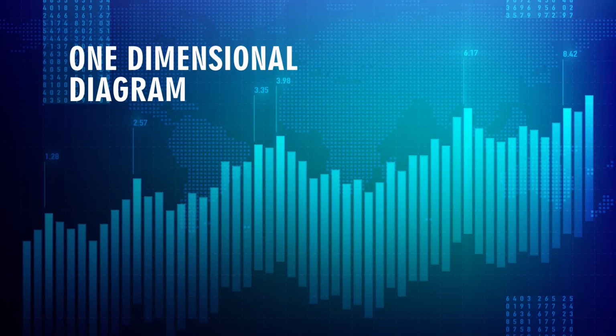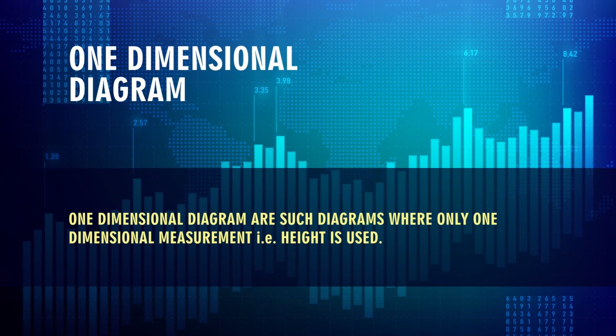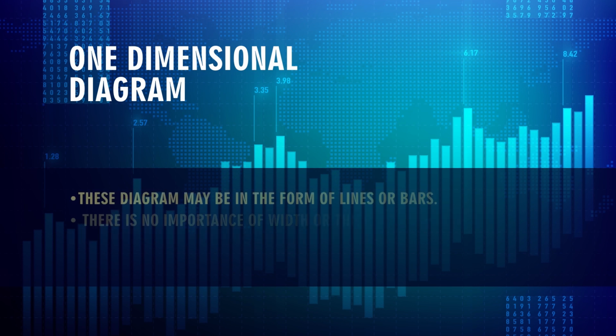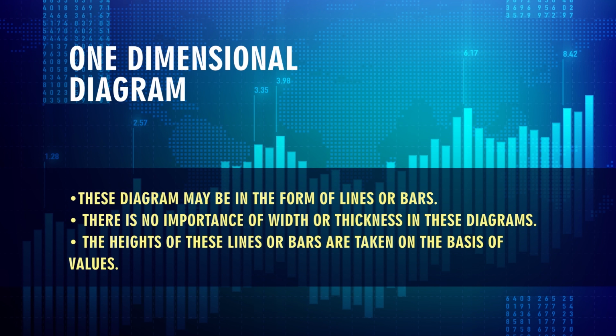So if you talk about the one-dimensional diagrams, these are such diagrams where only one dimension measurement, that is height, is used. So these diagrams may be in the form of lines or bars. There is no importance of width or thickness in these diagrams. That is the reason we have certain bifurcation into it, which talks about the bar diagram, simple bar diagram, and the height of these lines and bars is taken on the basis of values.